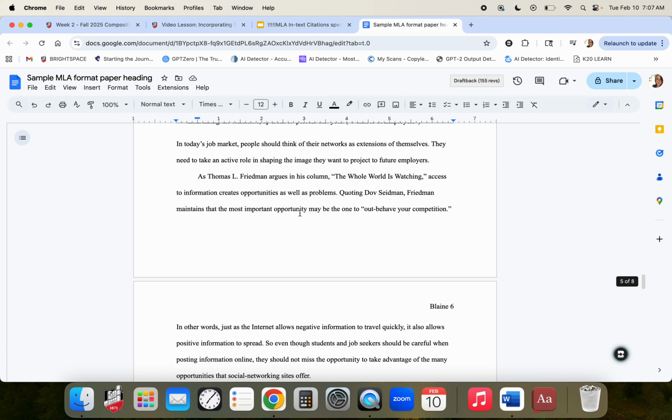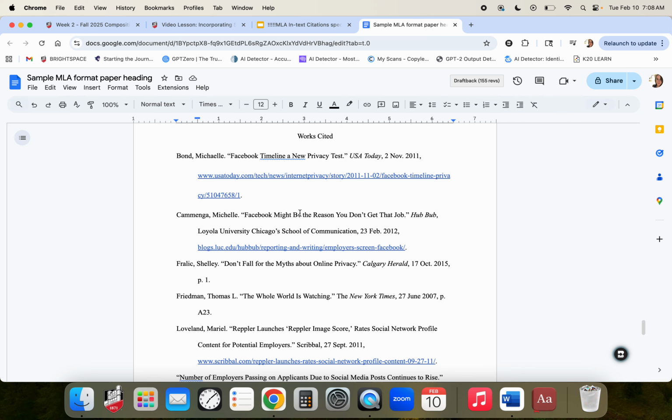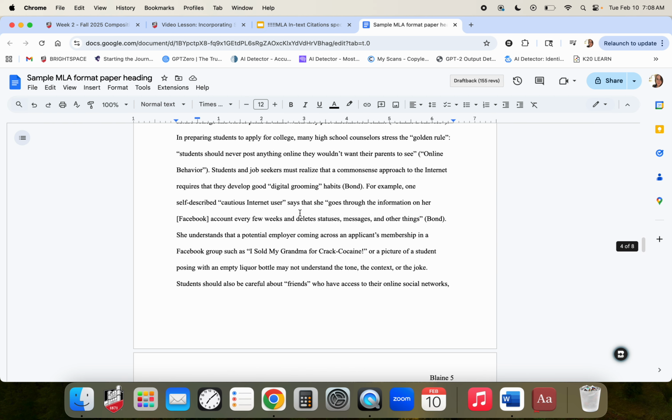Of course, there's also the works cited, and this is the second half of the citation. But what's really important about the in-text citation is that it should lead your reader to the works cited page. So it needs to be like a one-to-one match. Whatever you put in that parenthetical citation needs to be the first part of the corresponding citation on the works cited page.